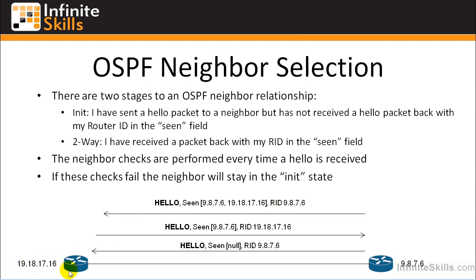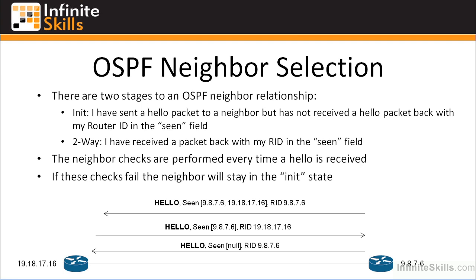At which point 19.18.17.16 over here on the left says, hey, I see my router ID in the seen field of this packet, therefore he's accepted my neighbor parameters and we are actually exchanging routes. At this point, both routers say that they are in the two-way state with this neighbor, and they then proceed on to the next stage of OSPF communication, which is exchanging the link state databases.